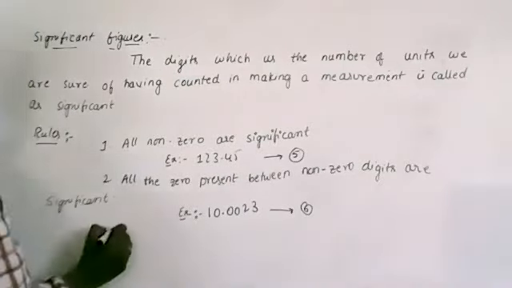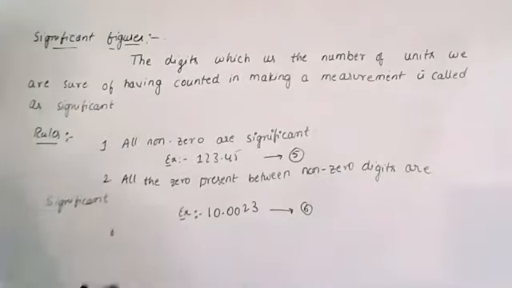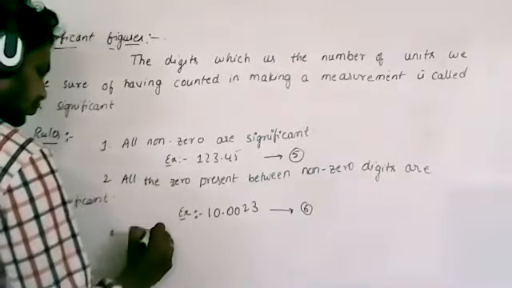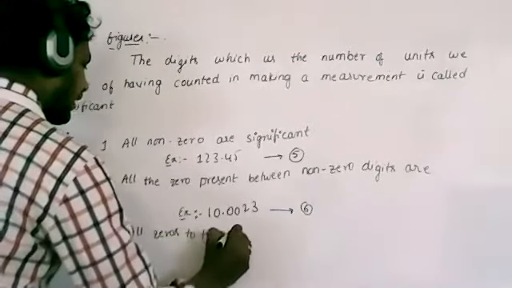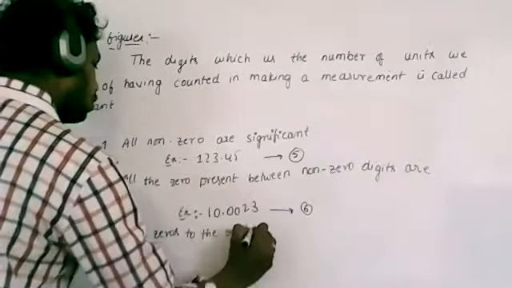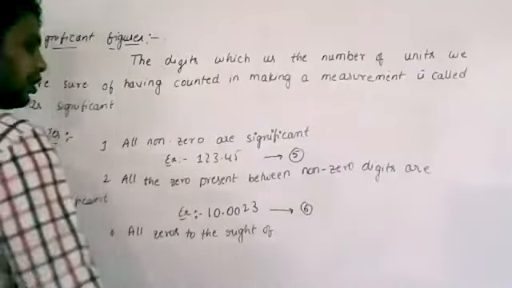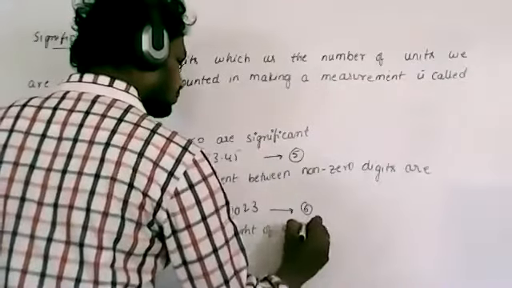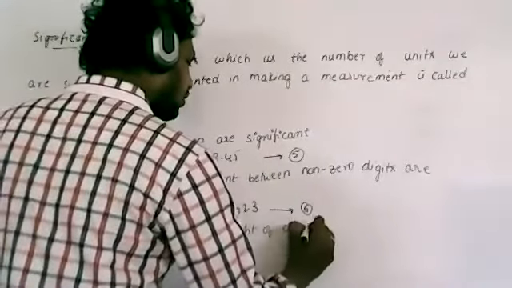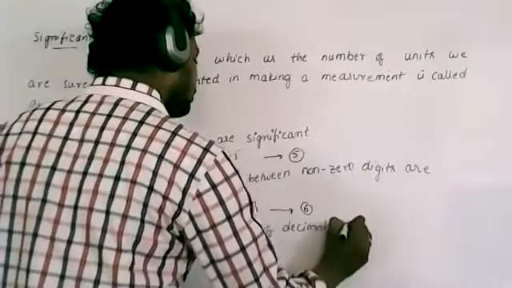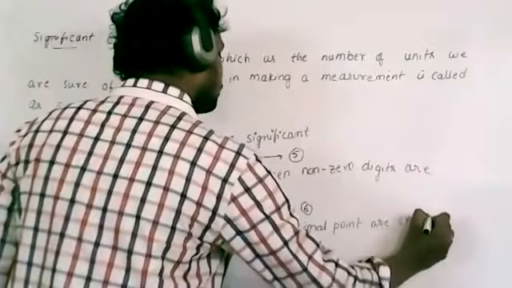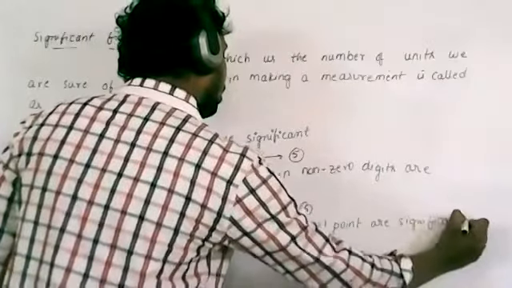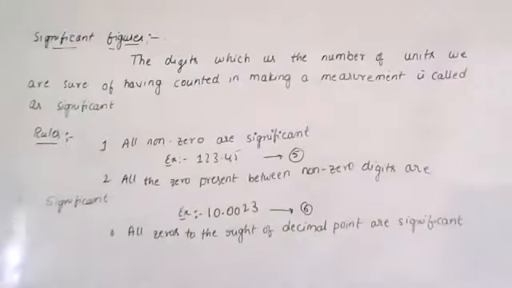Third point: all zeros to the right of the decimal point are significant.